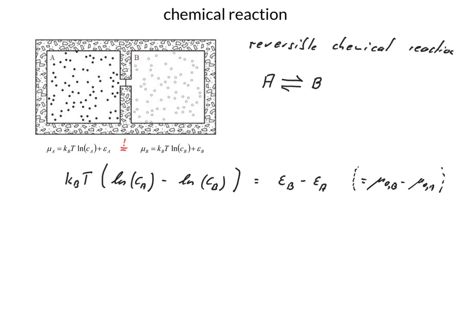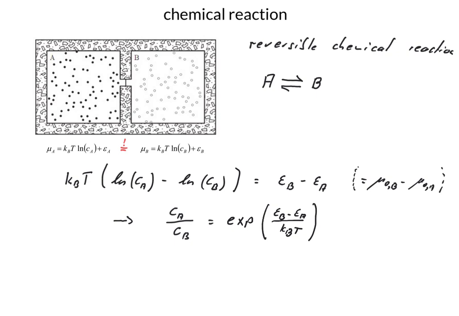Now, rearranging this last equation, we get an expression for the ratio between the concentrations of particle A and particle B, which is equal to the exponent of the energy difference between particle B and particle A divided by kBT.